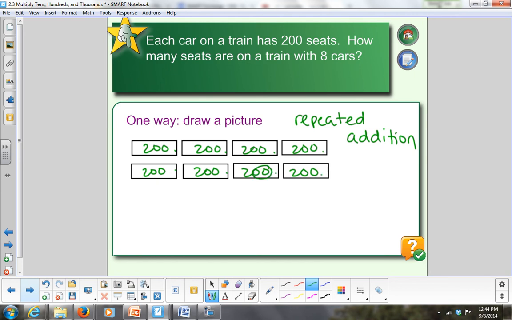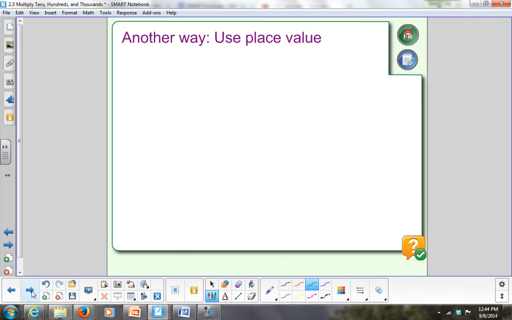Okay, another way that we can do it is using place value. So just kind of how Miss Fernley did it with the cars, I can do the same thing. So I have 8 times 200. All right, so this is basically telling me 8 times 200.